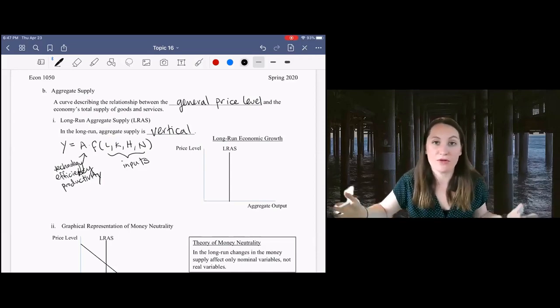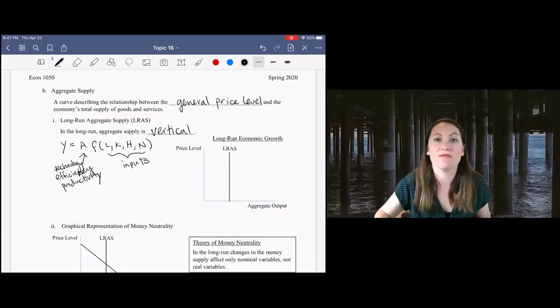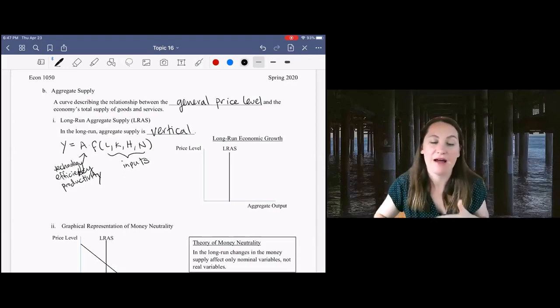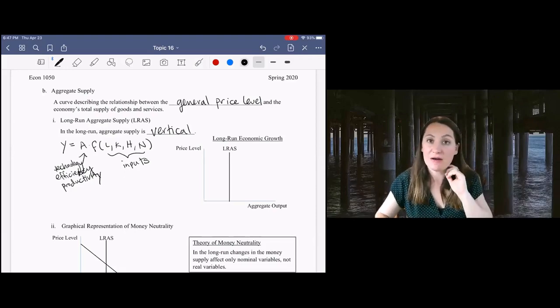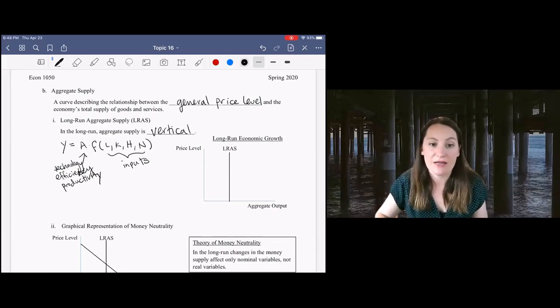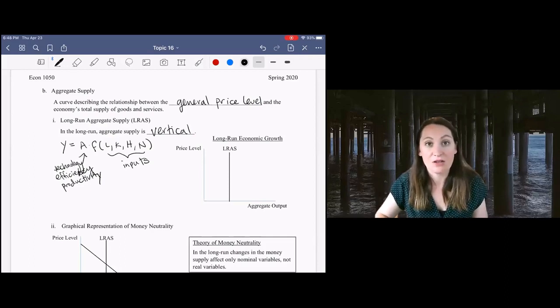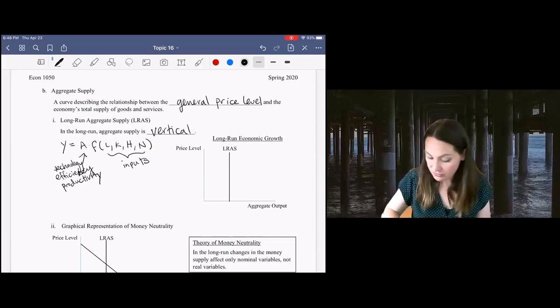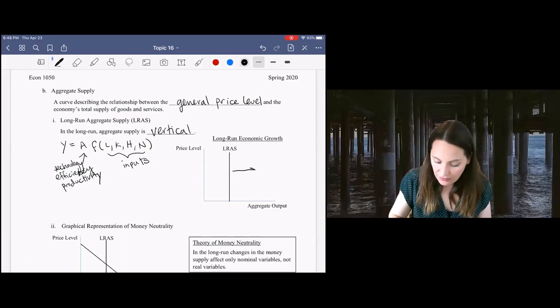What means we can produce more? When we have better technology, more workers, more efficiency in our economy, or more natural resources, all of these things would lead to an increase in real output or a shift in the long-run aggregate supply curve. So when long-run aggregate supply increases, it looks like this.